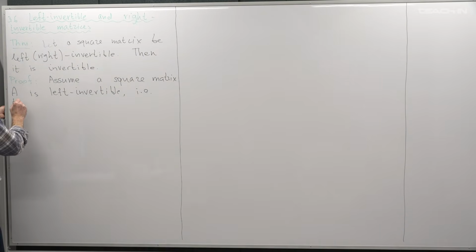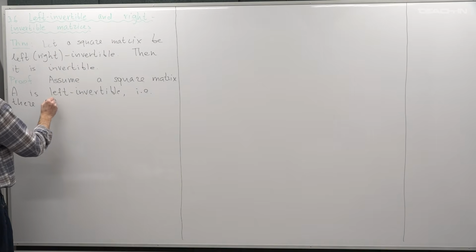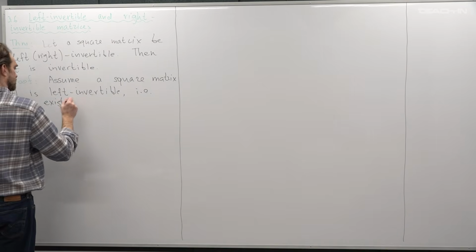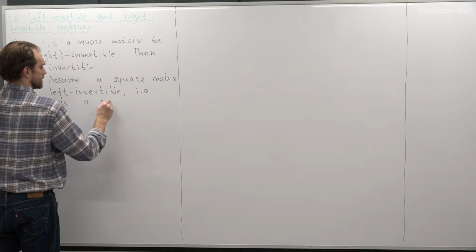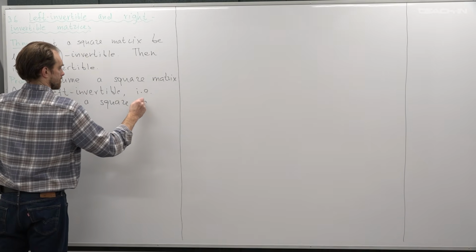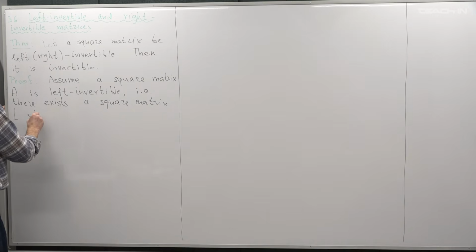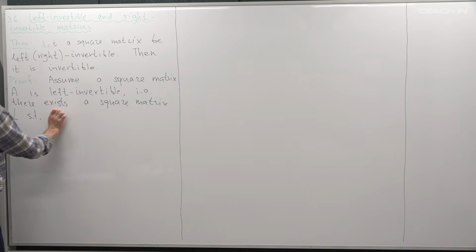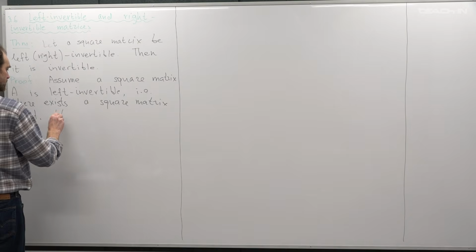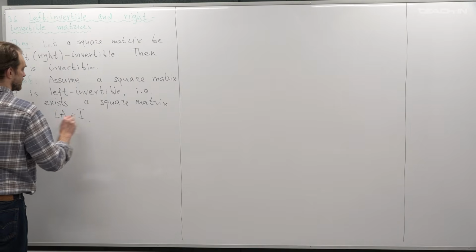So there exists a square matrix L such that L multiplied by A gives the identity.